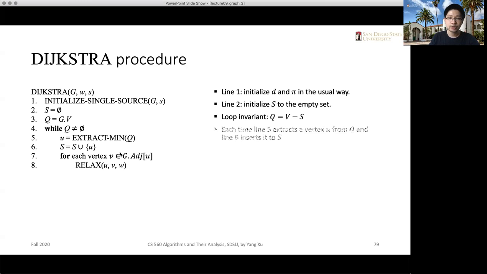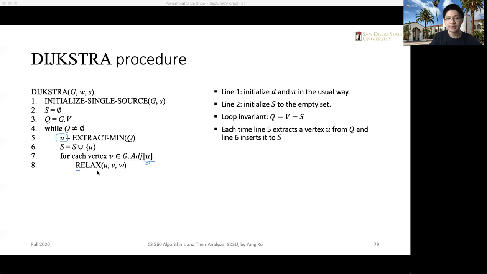And within each iteration of the while loop, in line 5, we will extract a vertex from Q. Okay, so that is to select the vertex with the minimal d value, and then we will insert that vertex into the set. And for each edge that leaves the vertex u, by looking at the adjacent vertices for u, we can examine all the edges that leave u, okay?